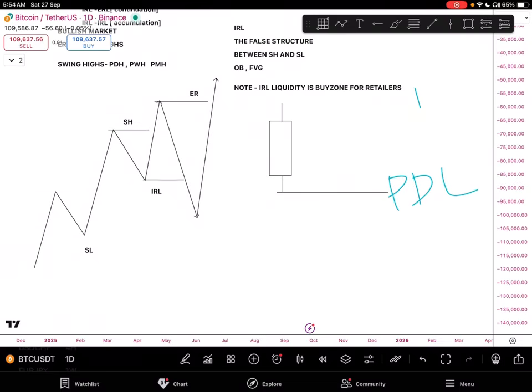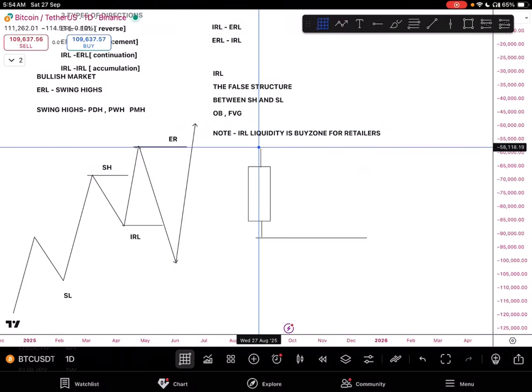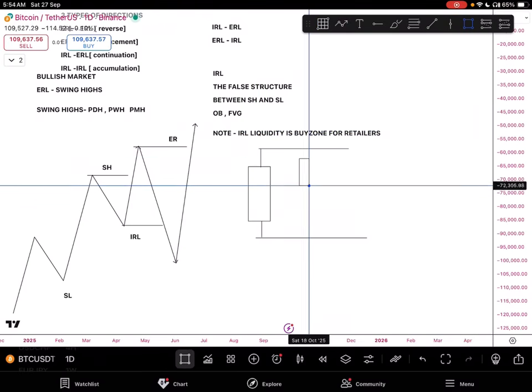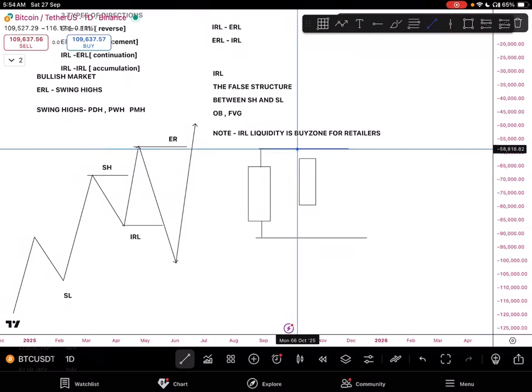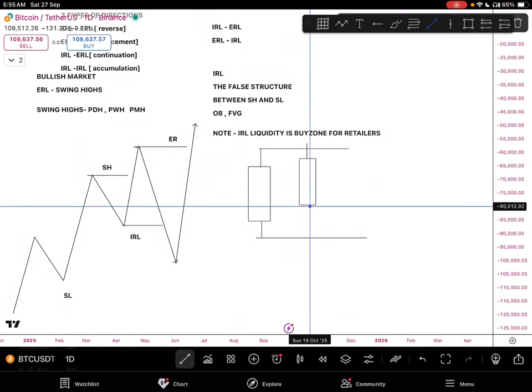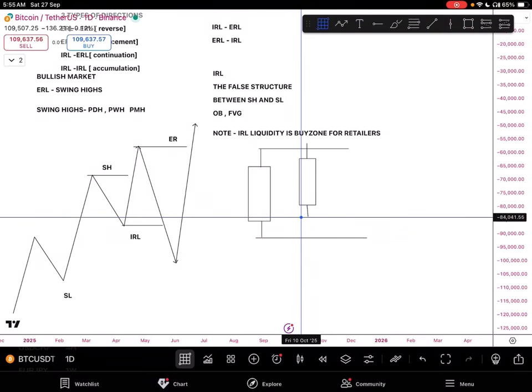Understand? So here, let me delete all this. What I am mentioning here is, if the candle high was taken like this, you know what our next target is? Our next target was this previous day low.